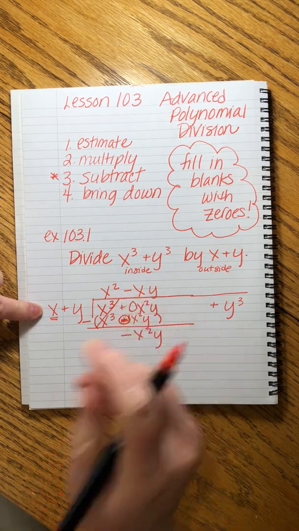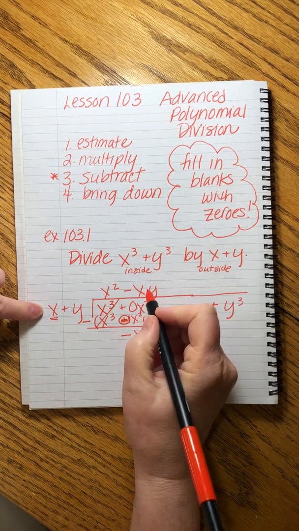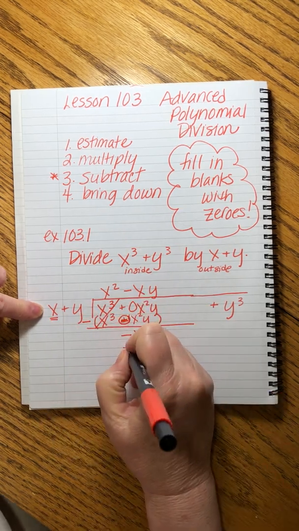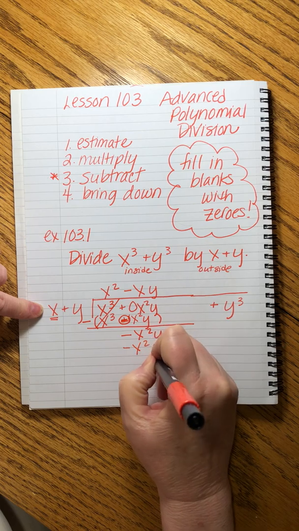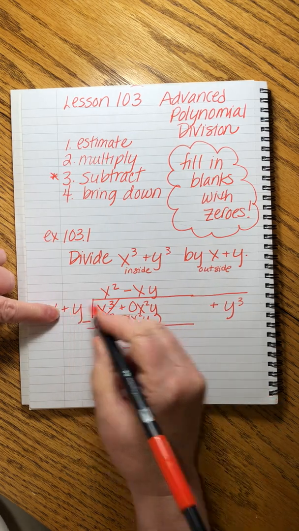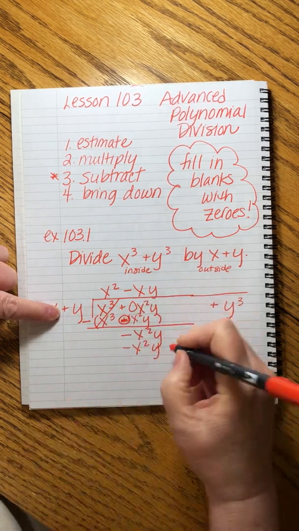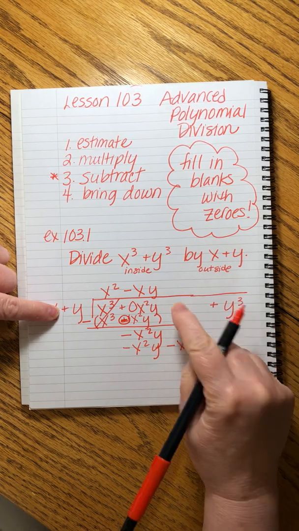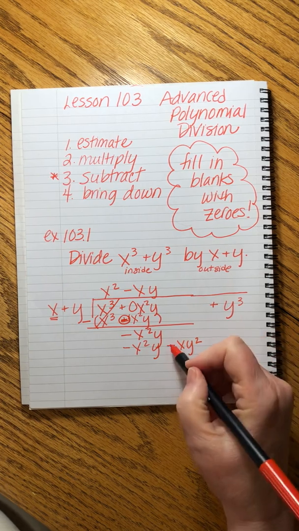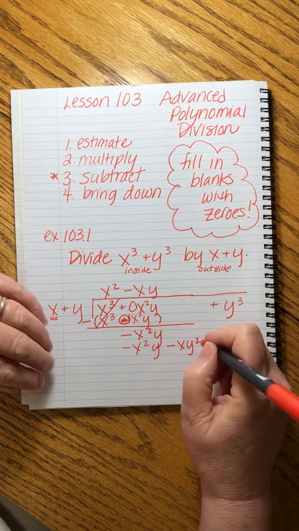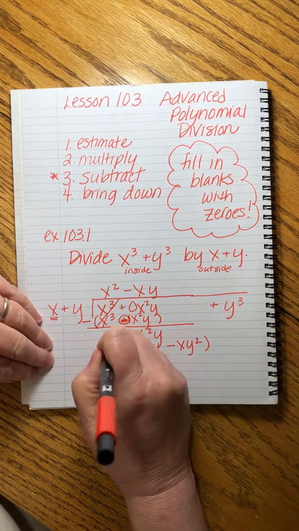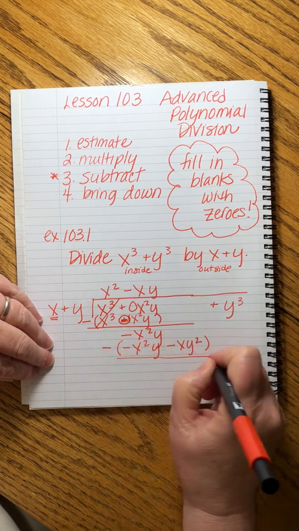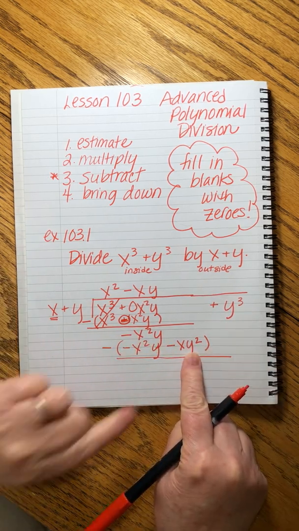So I have to multiply by minus. All right. So let's multiply minus x squared y. And then this second part will be minus xy squared, right? 2 y's and 1 x. And it's minus. Okay. And I'm going to put parentheses around it, and I'm going to subtract it. Draw the line. Now I know what term goes here.